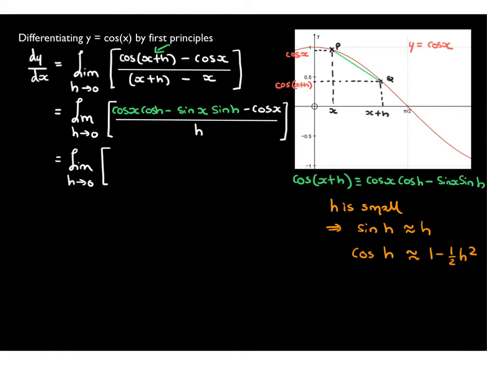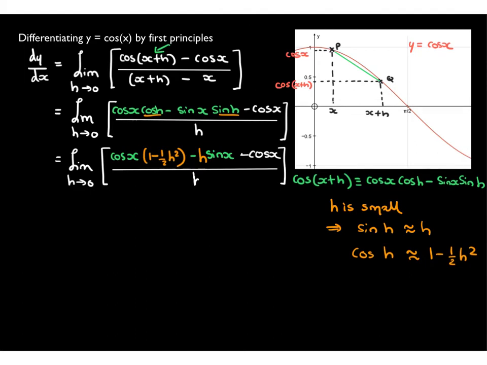I'm going to replace cos h with 1 minus a half h squared, and I'm going to replace sin h with h, and then of course we have minus cos x at the end. And the denominator is still h.